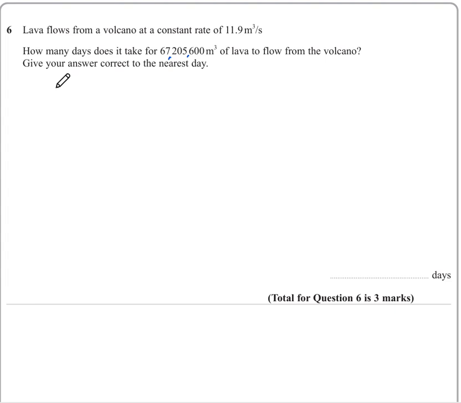So first of all, let's work out how many seconds it is going to take for all that lava to flow out. If we take our total amount of lava and divide it by how much is flowing per second, that should tell us the total time, around about 5 million seconds.